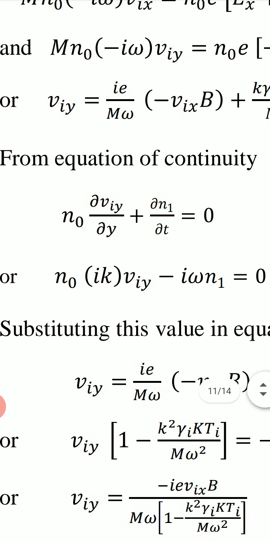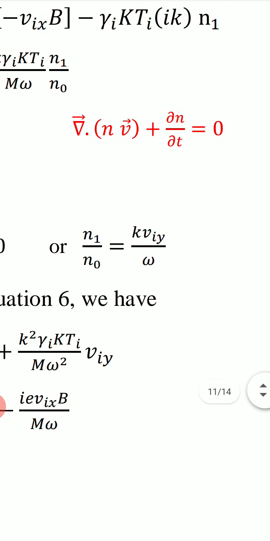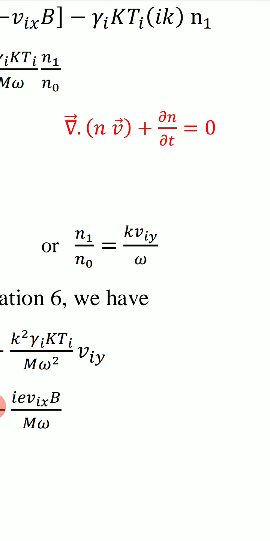Now from the equation of continuity, this is the equation of continuity: del dot j plus delta rho upon delta t equal to 0. The equation of continuity is the equation which relates current density J and charge density rho.